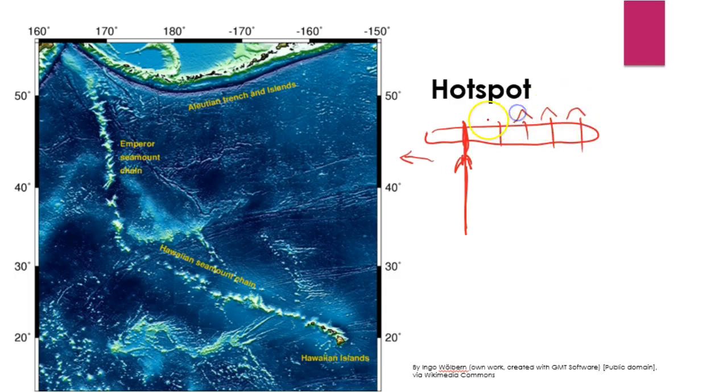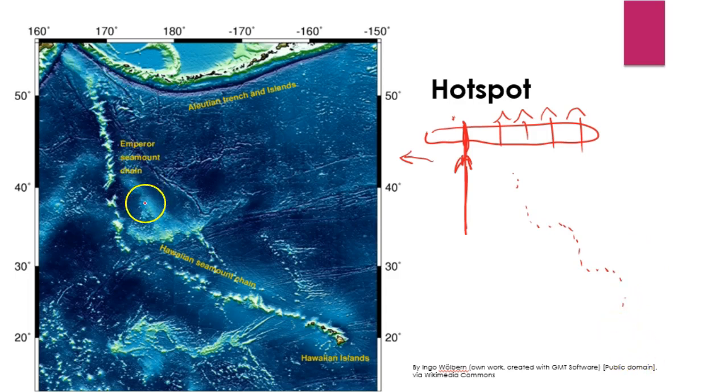And you're also going to have evidence that the volcanoes on this end are going to be older than the volcanoes on that end. Now a hot spot, when crust is traveling over it, because it's being pushed from all directions, it doesn't always travel in a straight line. It can often travel in a sort of line like this, as the crust is being pushed from side to side and up and down.